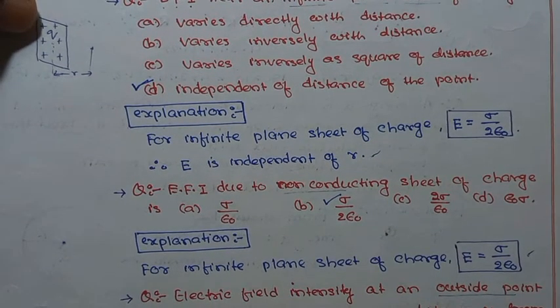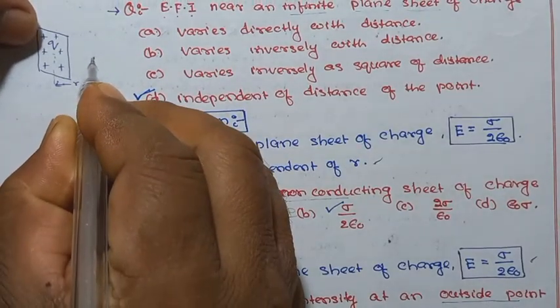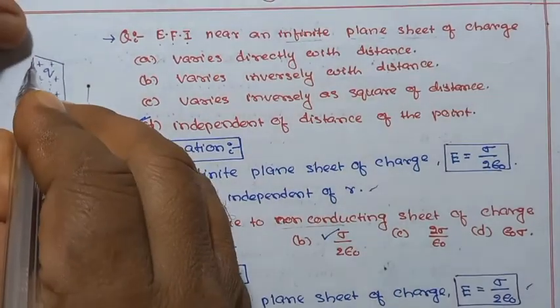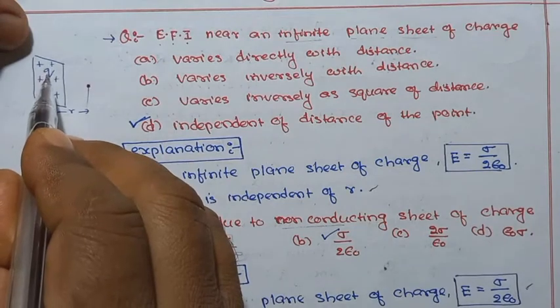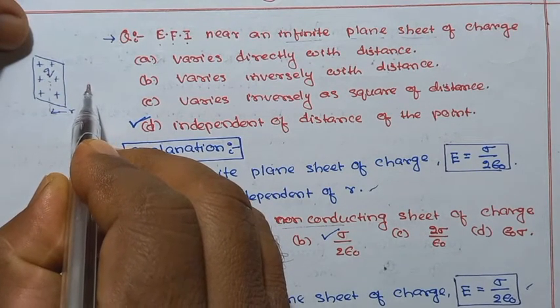For an infinite plane sheet of charge, when from a point which is outside the sheet, see here, this is the infinite plane sheet of charge. Positive charge is given, and this point is near the sheet.